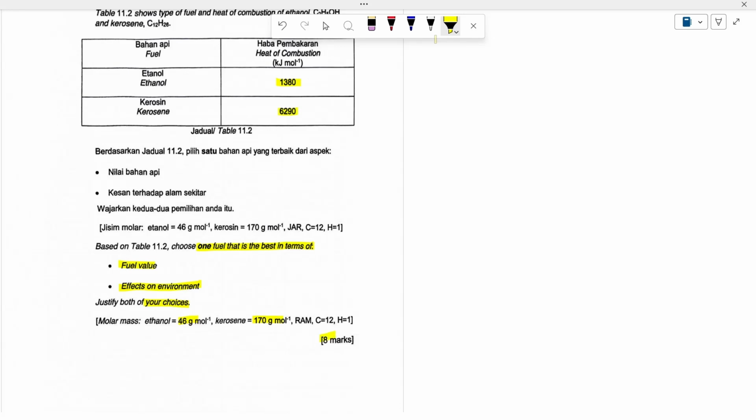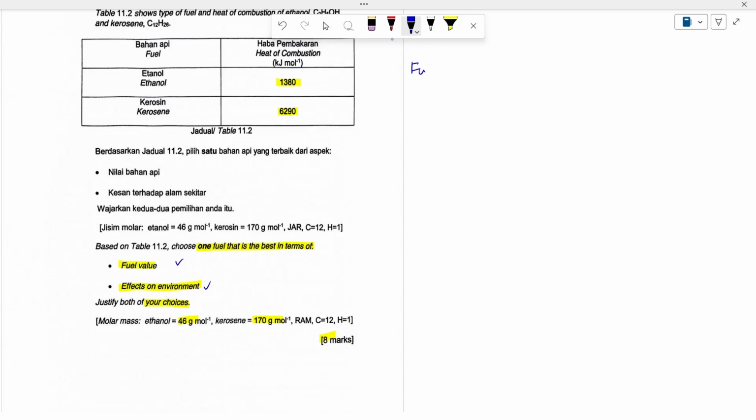So for this question, it is better for us to calculate the fuel value. Another one is the effect on the environment. We need to calculate the percentage of carbon actually. So first we calculate the fuel value.